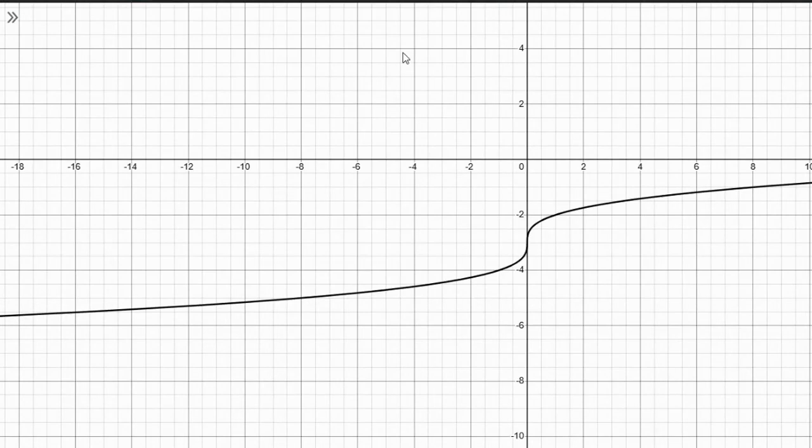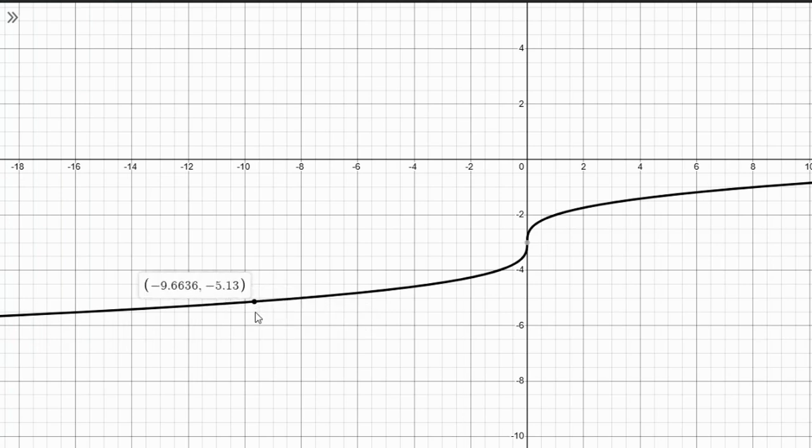When we talk about whether a graph is increasing or decreasing, think of it like reading a sentence. We always start on the left and we go to the right. So if the graph starts on the left, are the y's increasing or decreasing? And at what point does that change? Over here, the y is negative 5.5.